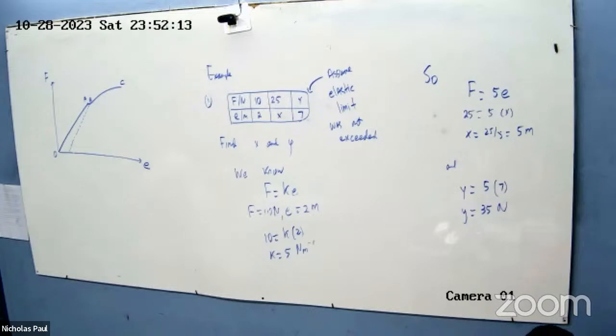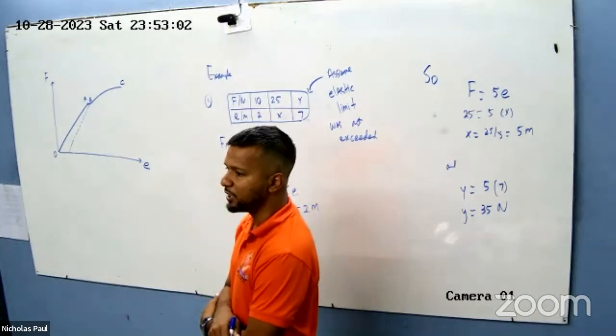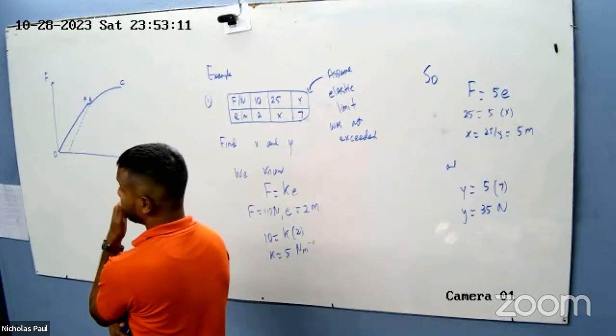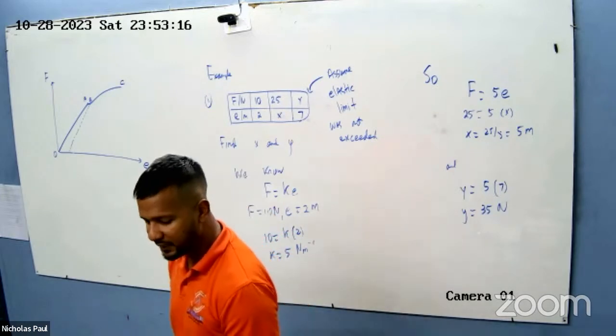The point P is the elastic limit, beyond which plastic deformation begins.